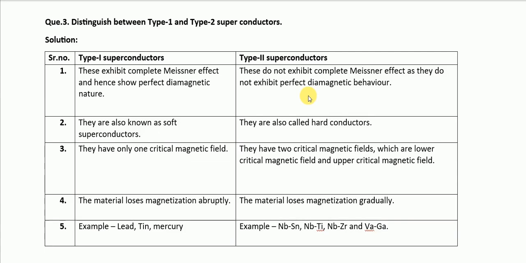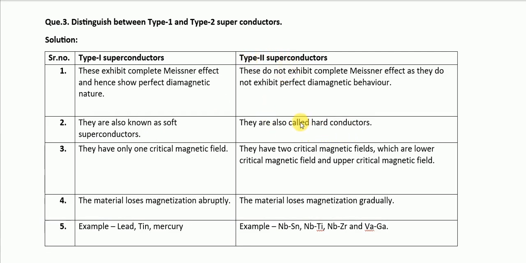They only show a partial Meissner effect. So type 2 superconductors allow partial magnetic penetration.